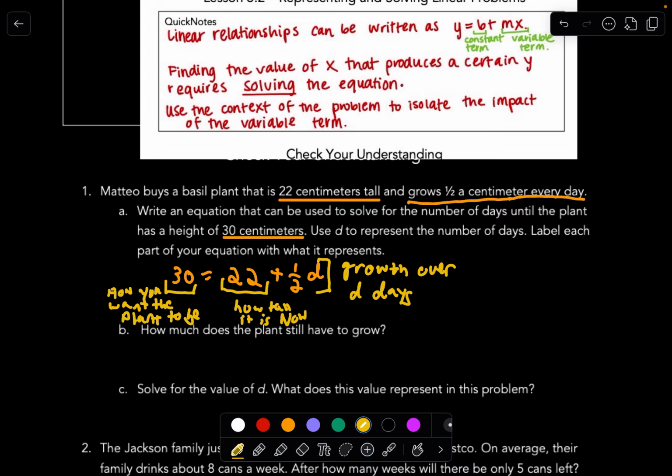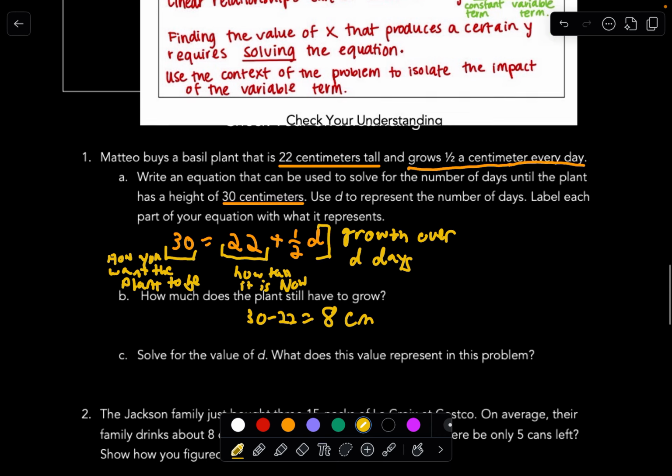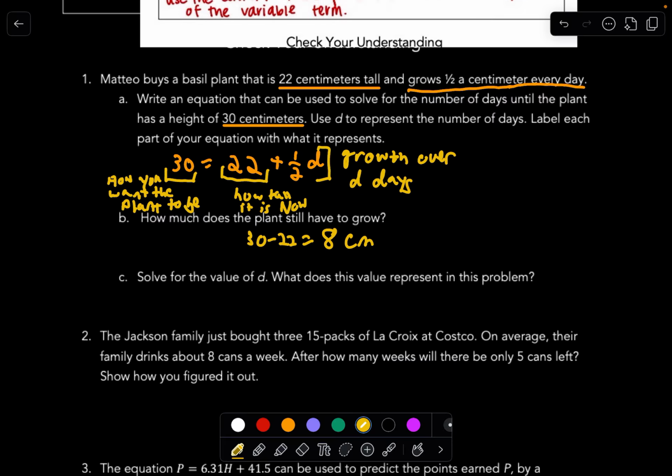How much does the plant still have to grow? Well, if he's currently at 22 and he needs to get to 30, that would simply be 30 minus 22, which is 8 centimeters. It's not in English units, it's in metric. Solve for the value of D. So solving for D would be this.